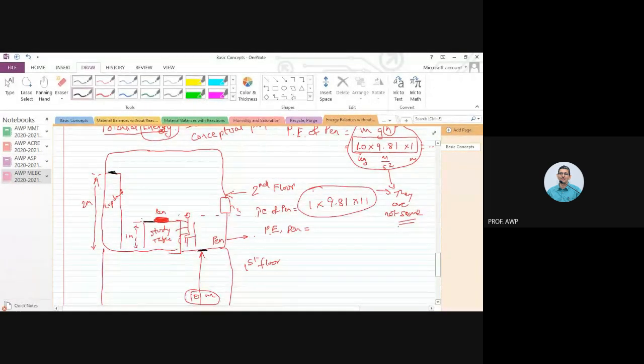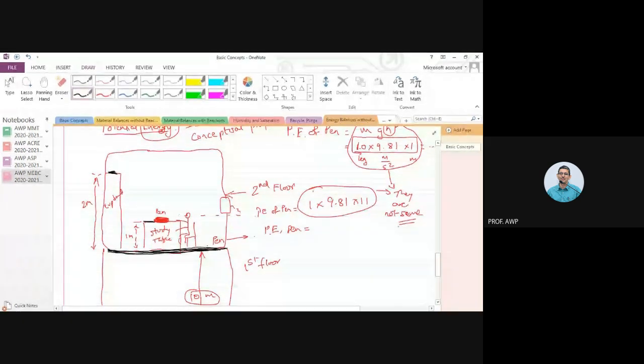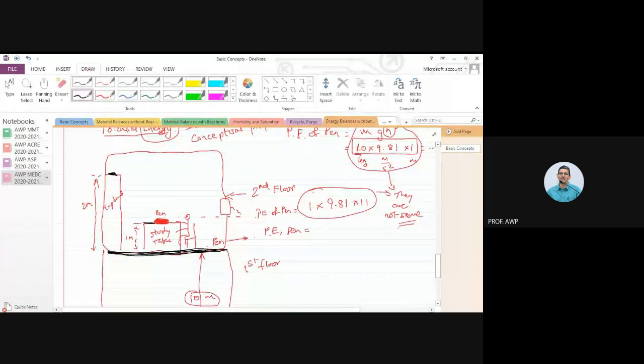But if I'm measuring with respect to the floor of this person's house, then the pen is at 0 meters, or at 1 meter height, or at 2 meter height.